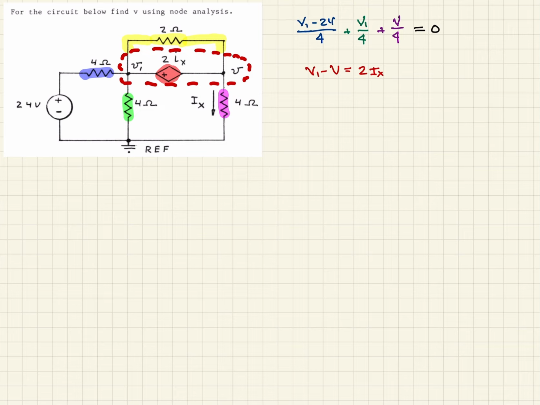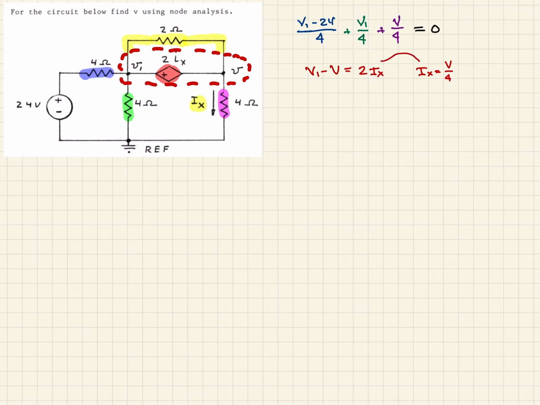However, we see here that IX is defined as the current through that branch. So we can write that then, IX is just equal to V over 4, Ohm's law.